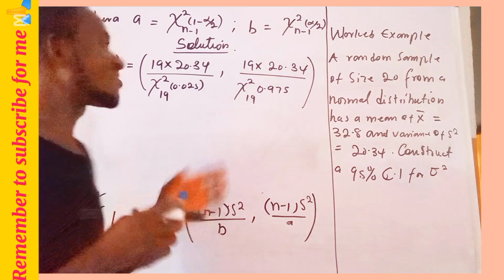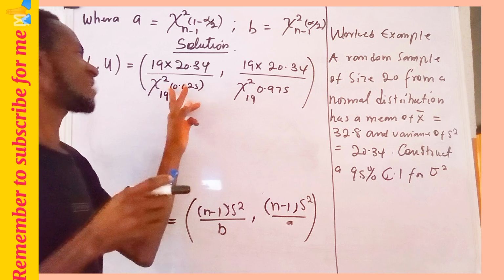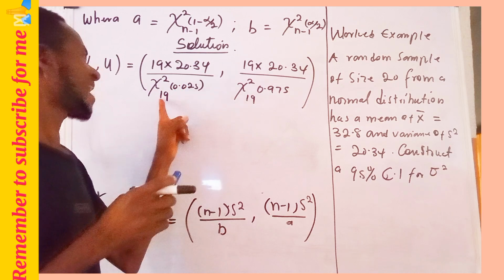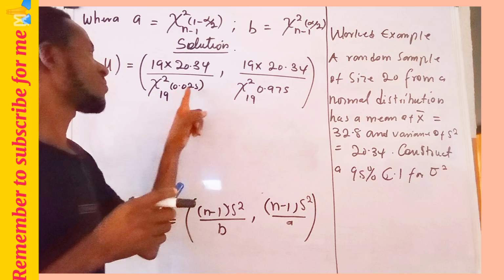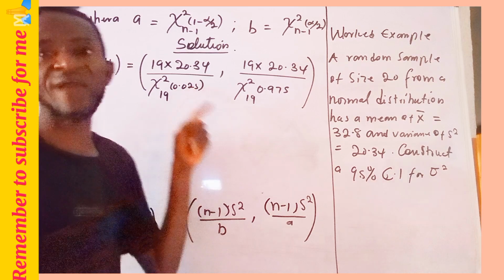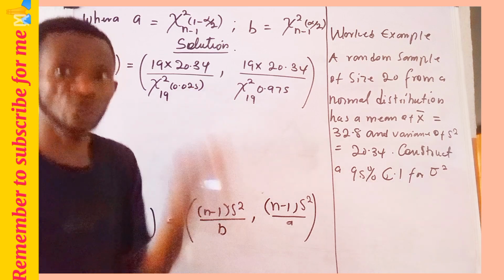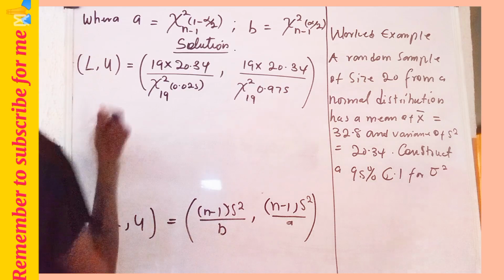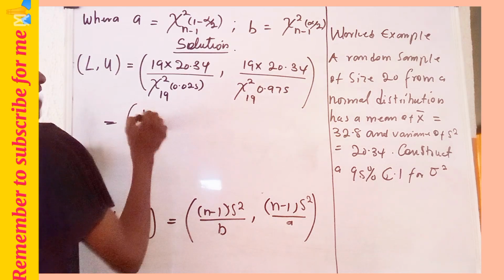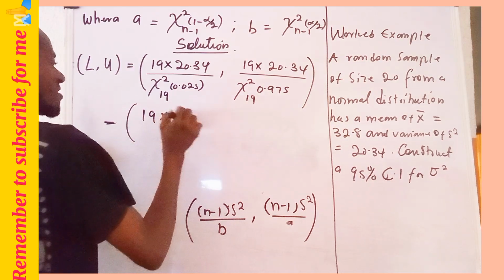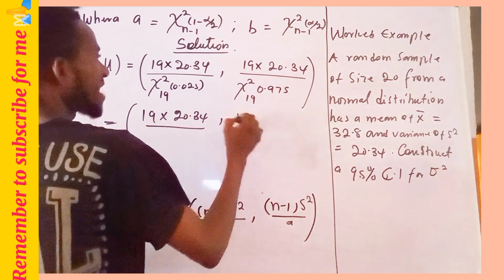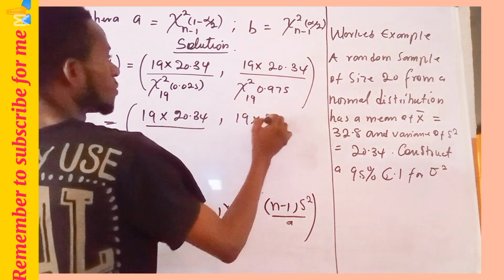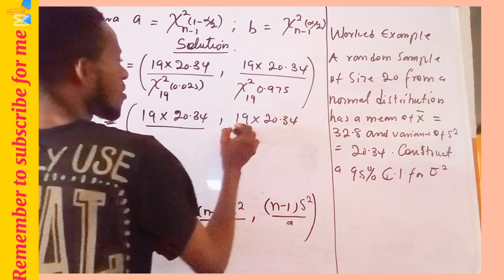So the concern is, what is the value of this chi-square with 19 degrees of freedom and a level of significance of 0.025. The value has been given to us here, so we are just going to call the value up. So this equals 19 multiplied by 20.34 all over, comma, 19 multiplied by 20.34 all over.